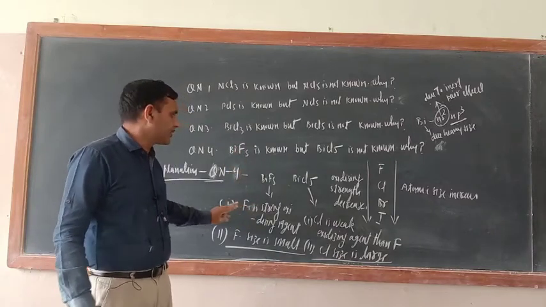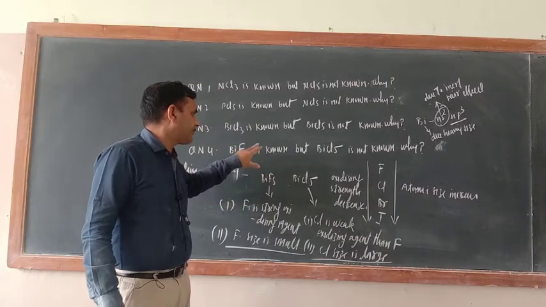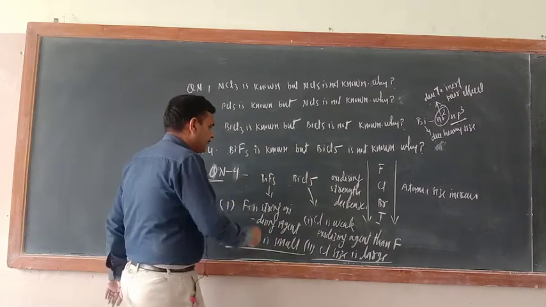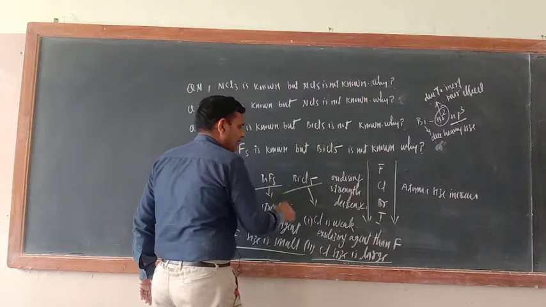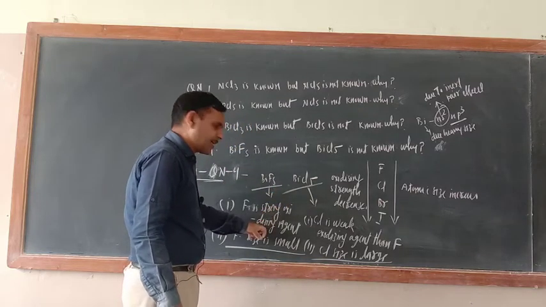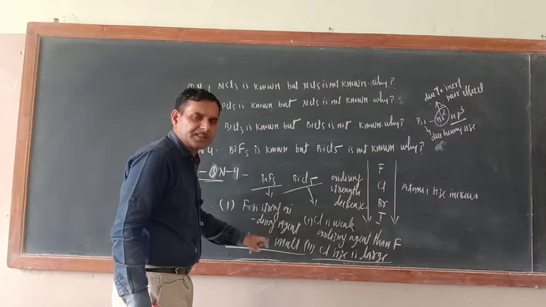Because of these two reasons, BiF5 is known, but BiCl5 is not known. So BiF5 is formed, BiCl5 is not formed because of these two reasons. F is a strong oxidizing agent. What is the meaning of a strong oxidizing agent?